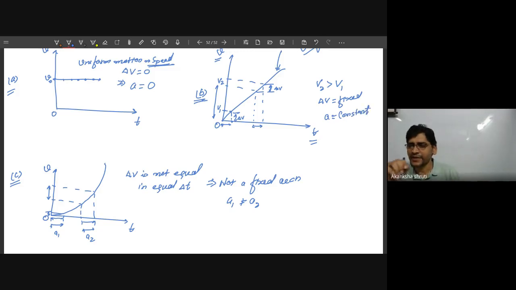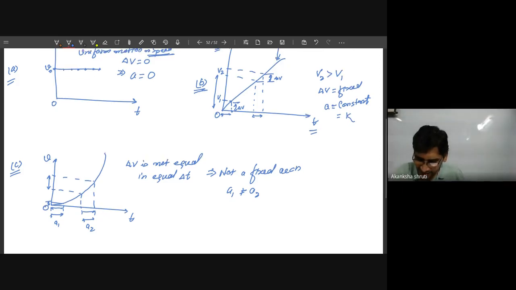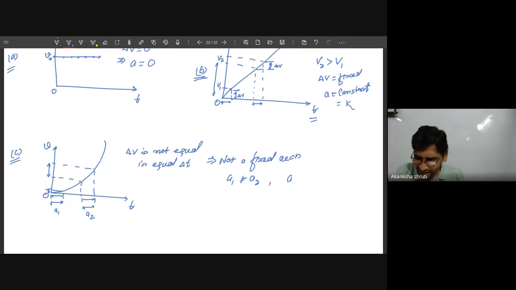So therefore, acceleration has a constant value, meaning that will give some real number, 2 meter per second square, 5 meter per second square. It is always a constant. But in this case, this acceleration A is varying or changing. So A cannot be constant. At different time intervals, it will be different.